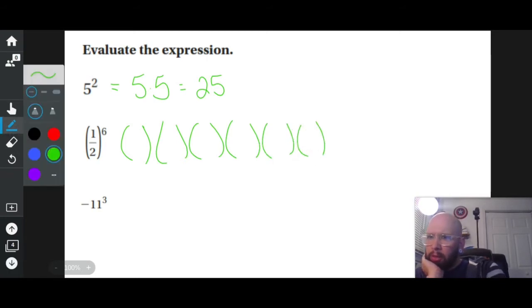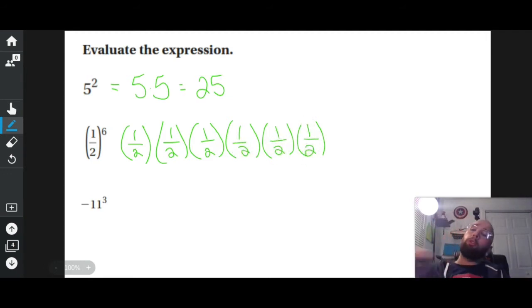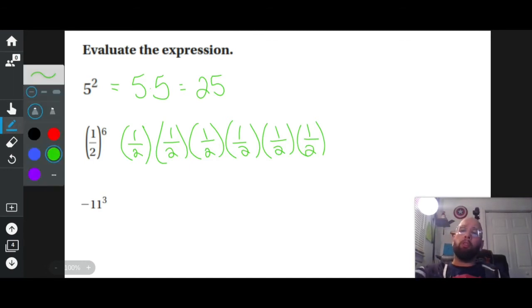And in each parentheses, I have 1 over 2, 1 over 2, 1 over 2, 1 over 2, 1 over 2, 1 over 2. When you multiply fractions, you multiply straight across the numerator. In other words, you multiply the numbers on the top part of the fraction bar.